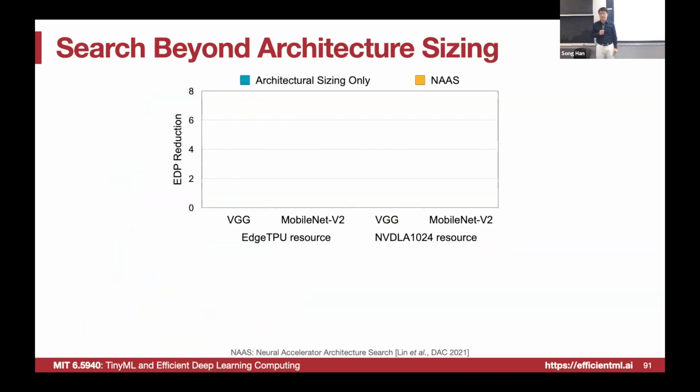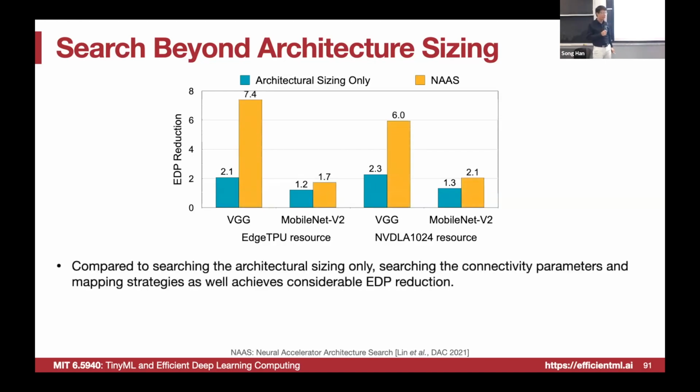Okay. And how does it compare with architectural sizing only? Sizing means we only search those numerical values like the cache size. There is actually a big improvement when we have the luxury to search not only the numerical architectural sizing, but the connectivity parameters as well.